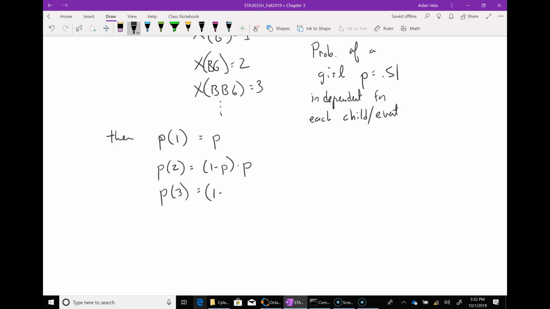So we have 2 boys and then a girl, so again, boy, boy, girl. And we're multiplying the independent probabilities using what we learned in the previous lecture. So here we have 1 minus P times 1 minus P times P. Okay. And this sort of repeats for any number of births until a girl.